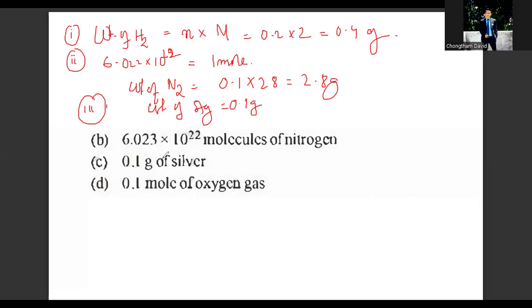And weight of oxygen would be 32 into 0.1, so it is 3.2 gram. So from this given option, 0.1 gram of silver would be the answer for question number 12.